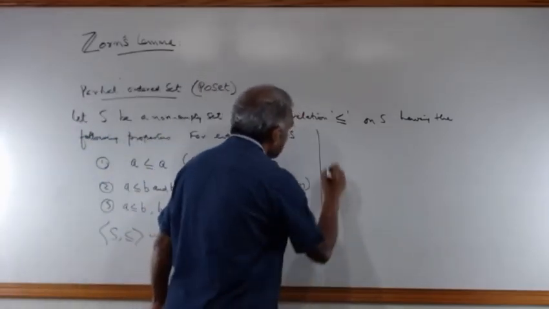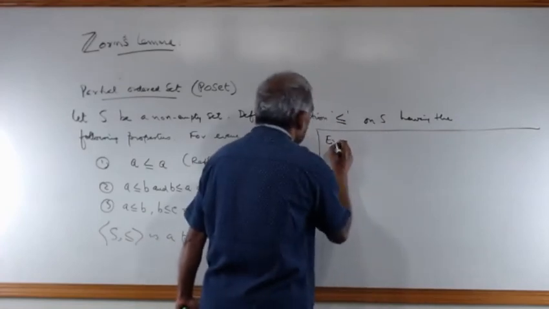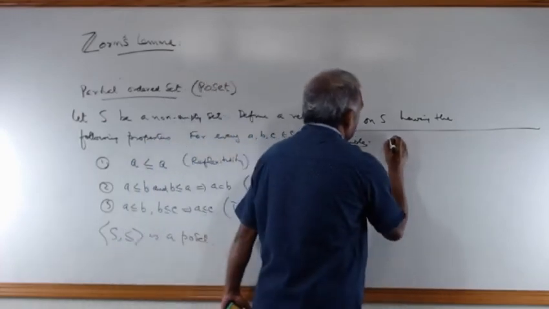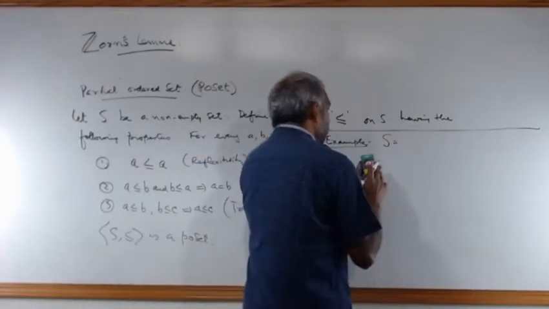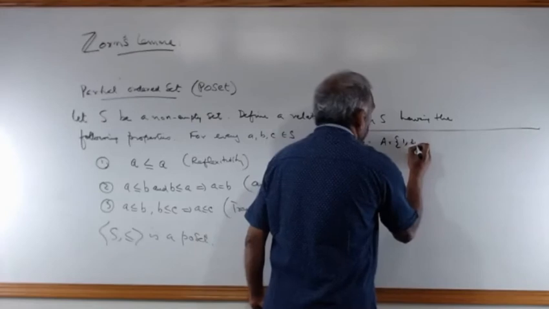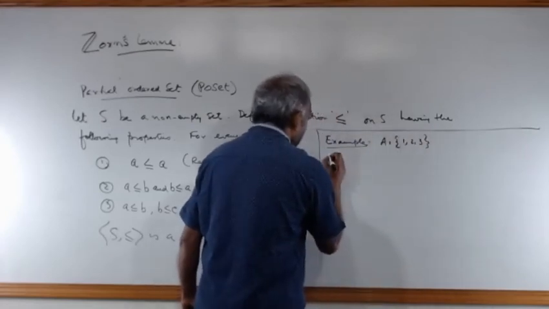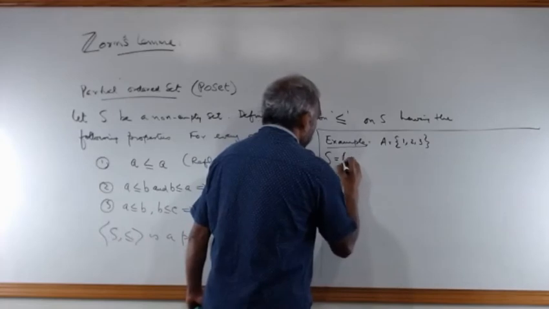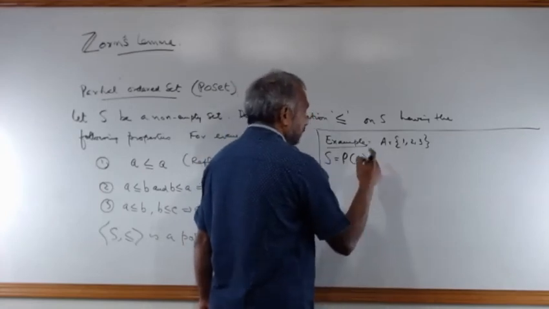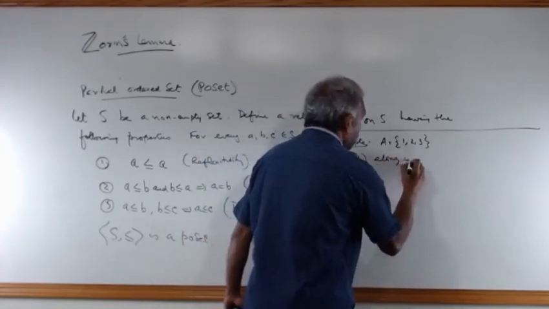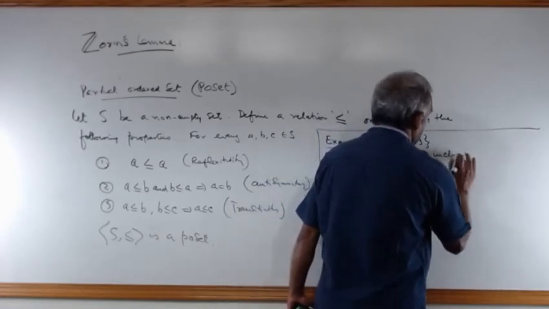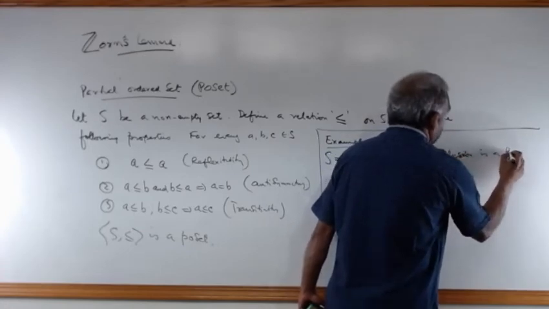Example: let A be equal to {1, 2, 3}. Then S equal to the power set of A, meaning all the subsets of this, along with inclusion, is a poset.